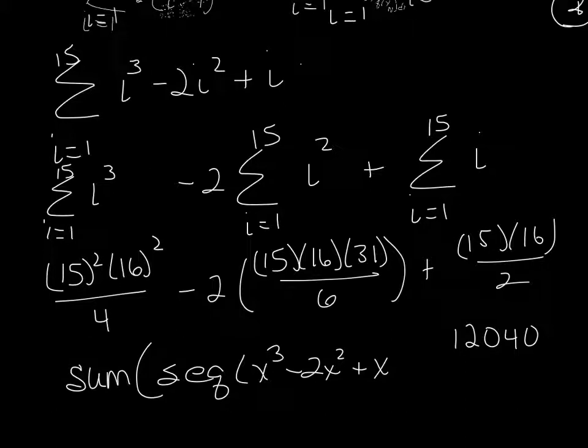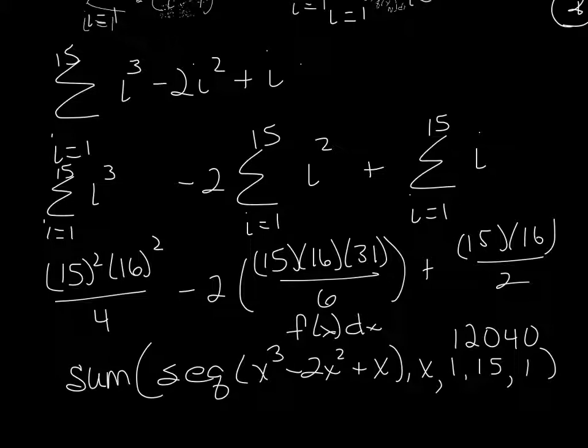And then it's going to ask you for a variable, which is x, and we are going from 1 to 15, and then we are moving in increments of 1. So you'll see all this when it comes up in a minute on the calculator. Hopefully my new app will work. This would be whatever your f of x is. Okay, I'm going to show you how to find it, I hope.